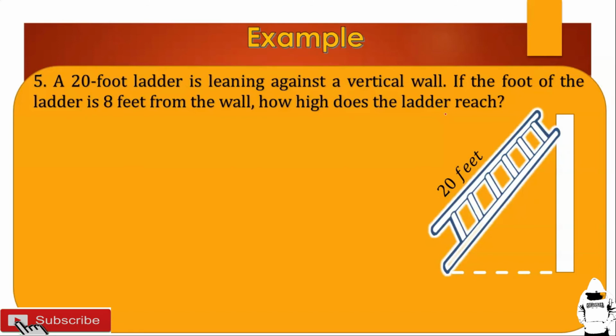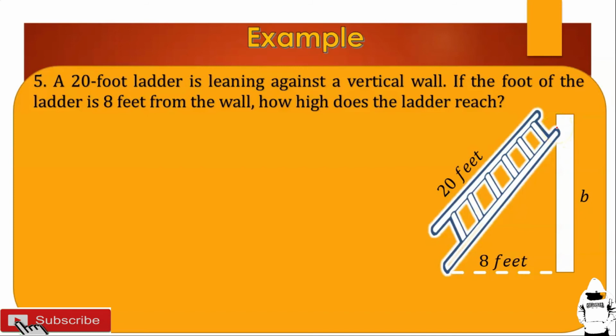And then, yung ladder po, 8 feet from the wall. So, ibig sabihin, from the foot of the ladder to dun sa ating vertical wall, which measures 8 feet. And then, we are asked to find the height. Okay? Yung gaano kataas po nung vertical wall hanggang dun sa na-reach po ng ating ladder.